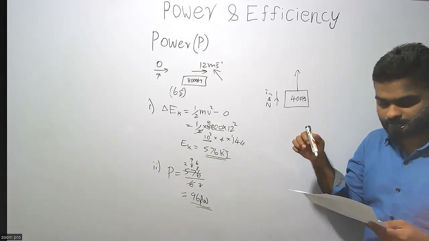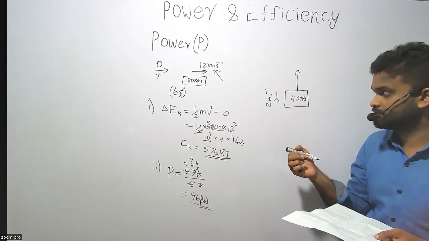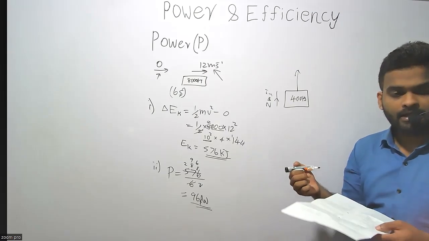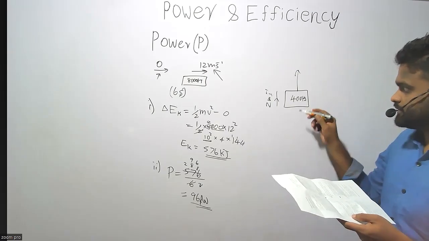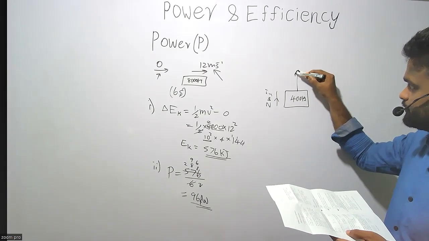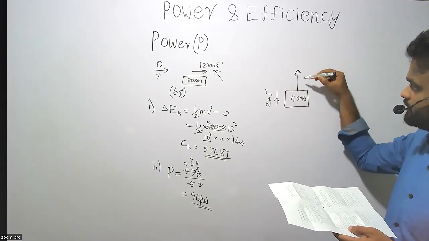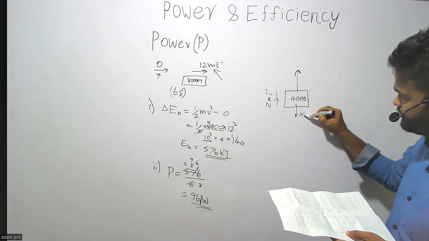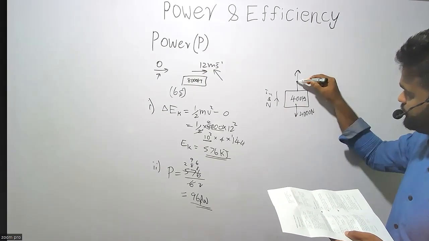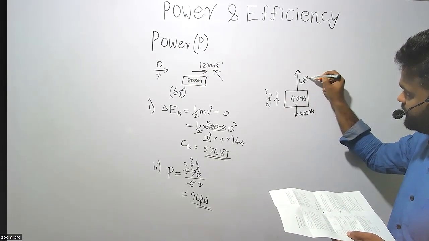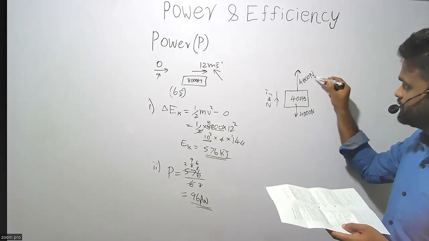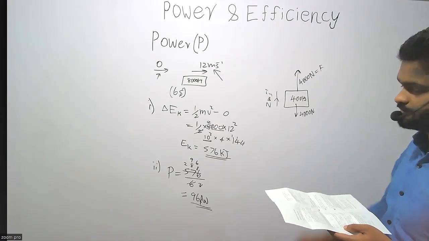So what they ask is the power provided by the crane. So when you get a question like this, if you need to move this at this constant speed, because this is 4000 Newton downwards, you need to apply a 4000 Newton upwards. Okay. So this is the driving force.